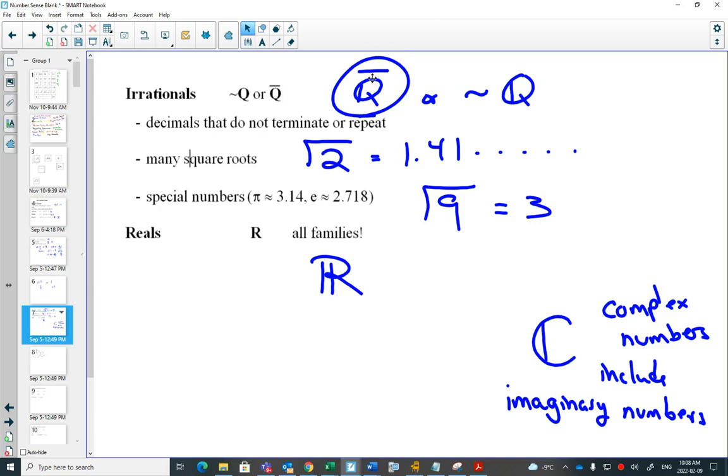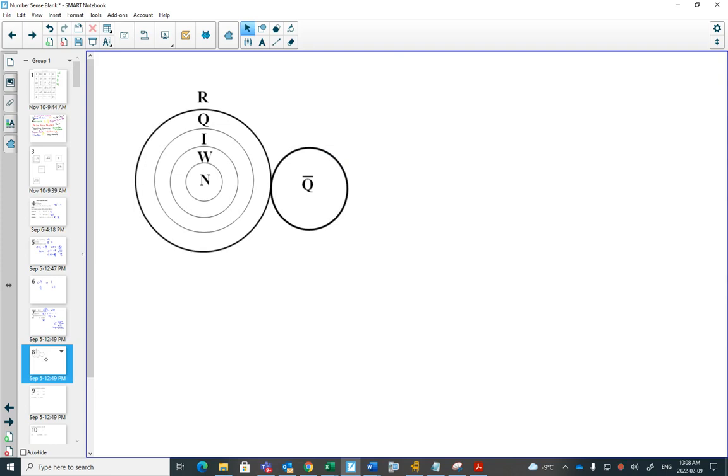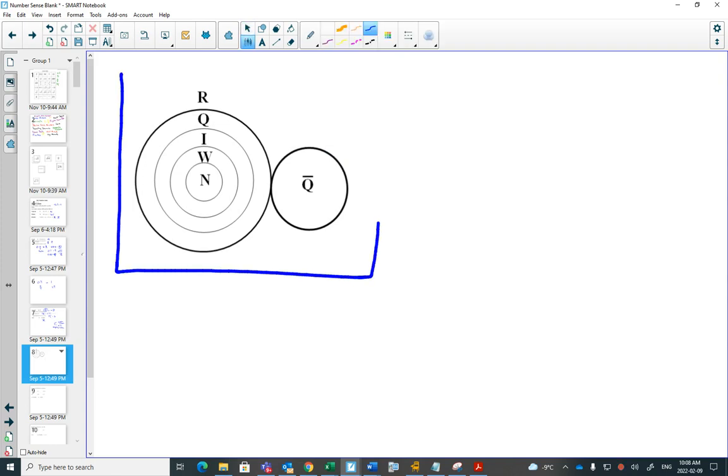So if you went to the number superstore for grocery shopping, this is what the superstore would look like. And I'd like you to put a big box around this whole thing. So the whole superstore says, instead of grocery store, it says real number store.